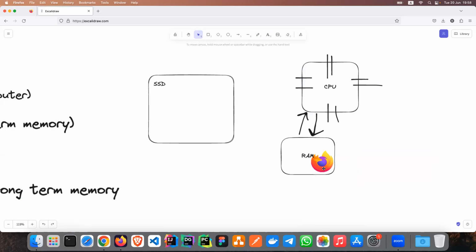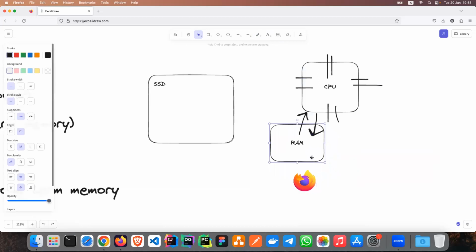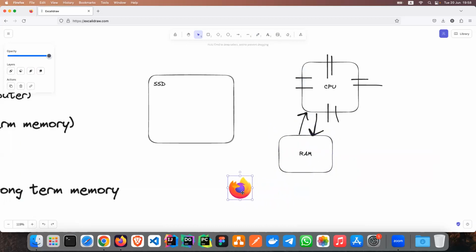That's why we actually need RAM. For example, let's say I have 16 gigabytes of RAM. We didn't talk about gigabyte, megabyte, but we can talk. Honestly, I don't know them by heart, but I can show you.